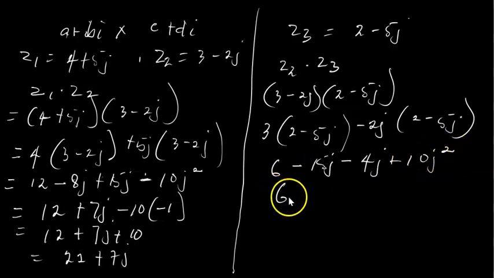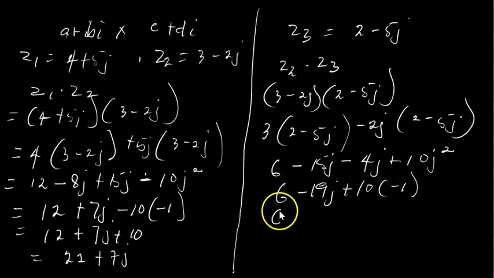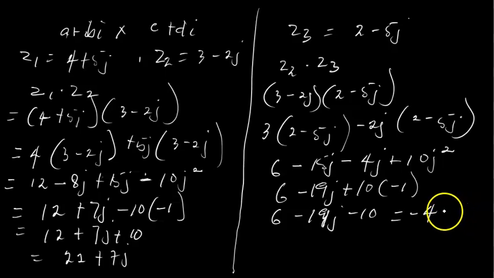Now this is 6 minus 15j minus 4j, that's minus 19j, plus 10j squared, and j squared is minus 1. So this is 6 minus 19j minus 10. So 6 minus 10 becomes minus 4 minus 19j.